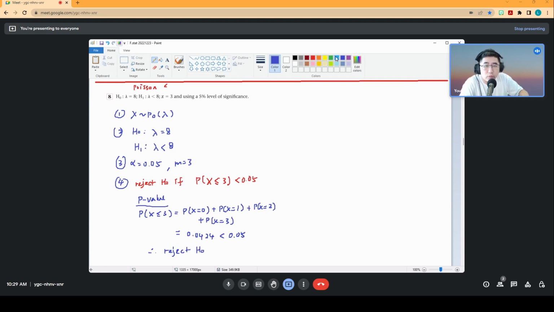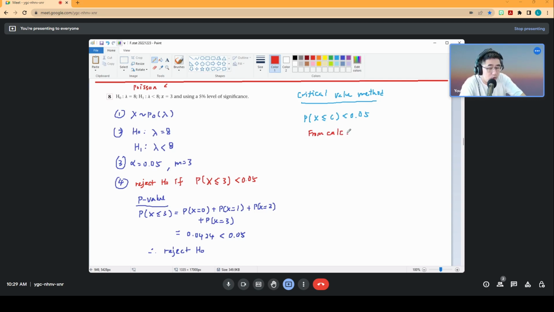Okay, so what if I want to use the critical value method? That means we need to find its critical value. So P of x lesser equals to c that is lesser than 0.05. Okay, from calculator, let's see what do we get.